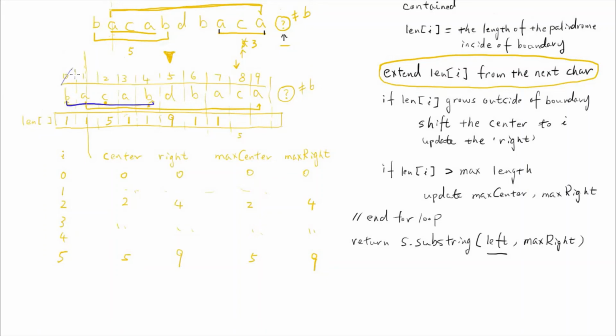Then we can only use the palindrome inside of the boundary, which is from A to A. It has a length of 3. So we don't use 5 here, and we copy 3 here. And we have a formula to calculate the length inside of the boundary. So our boundary on the right side is here.